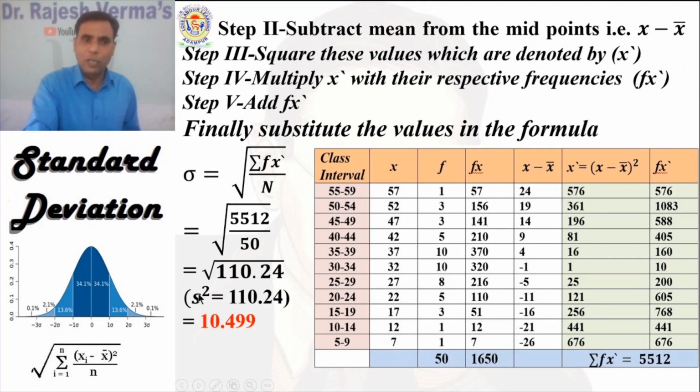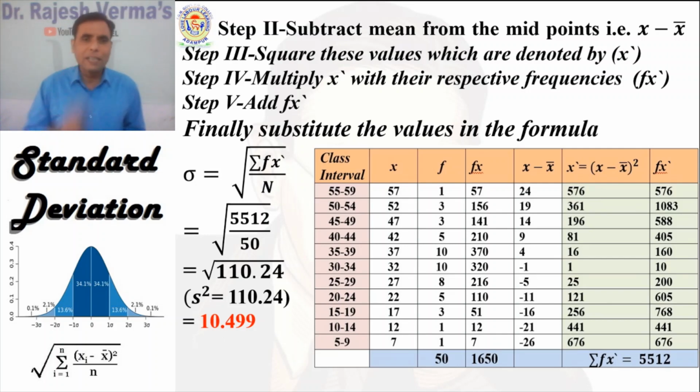If you take the square root of it, your answer will be 10.499. One more thing: before calculating the square root, the answer that comes is also known as the variance. And you know, standard deviation is the square root of variance. So my dear friends, this is the standard deviation of the grouped data.